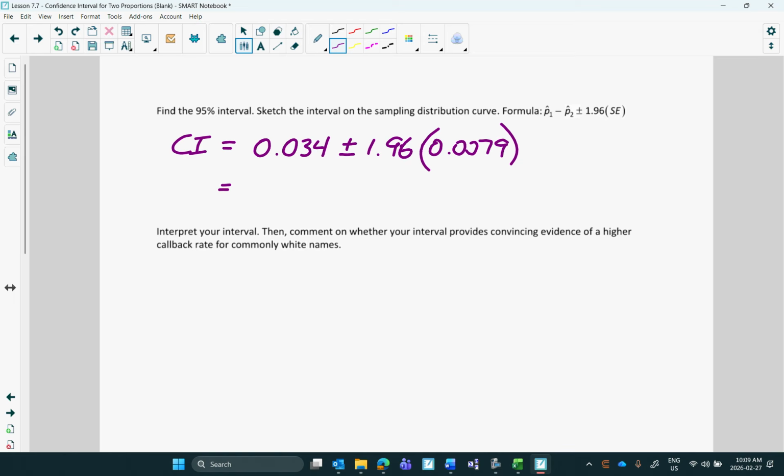So when we do that, we get 0.018516 if we want to get precise, all the way to 0.049484.